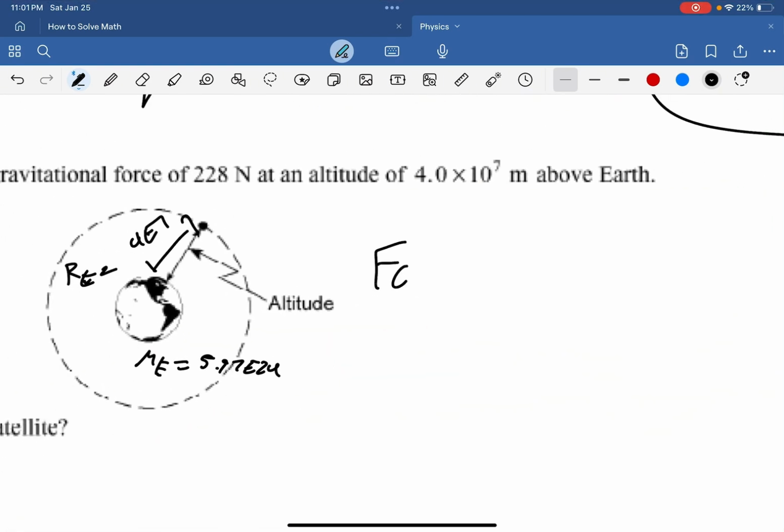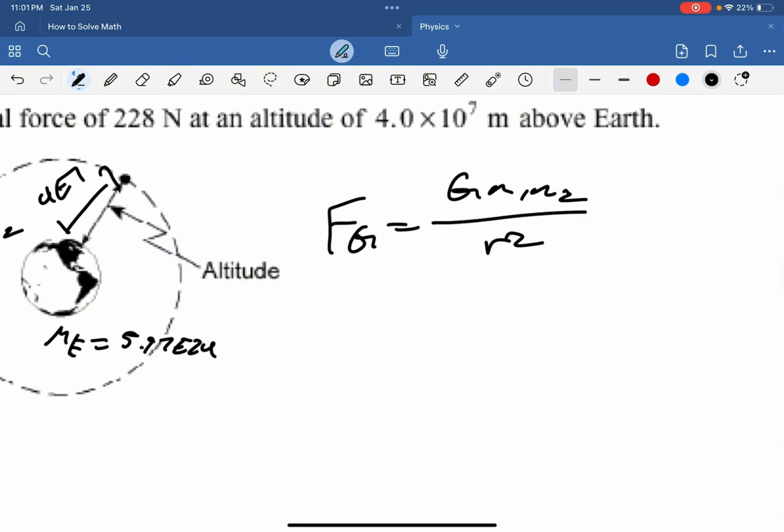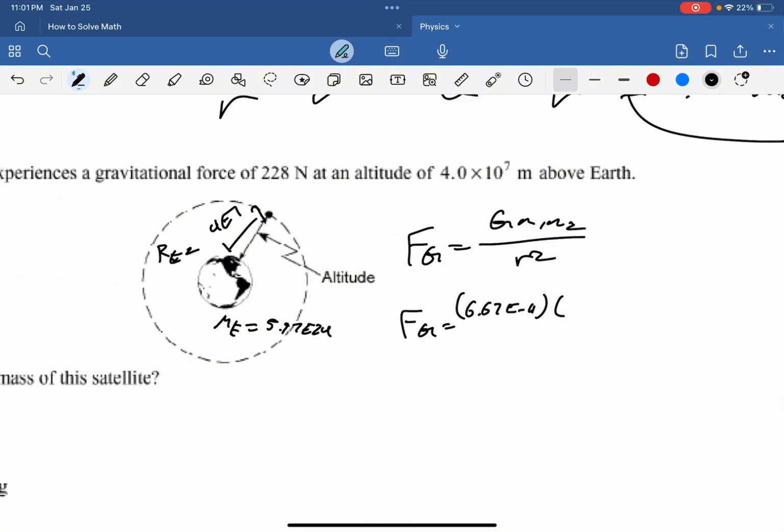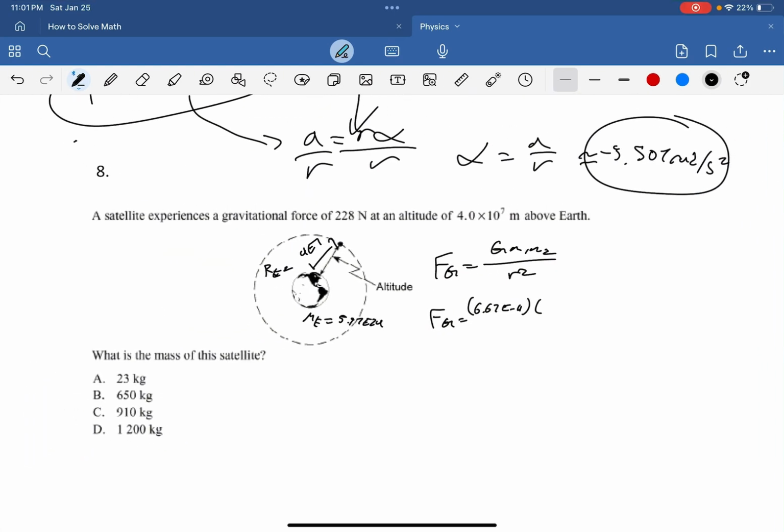And we know that F of G is equal to G times M1 M2 over R squared. So F of G is equal to 6.67 e to the times M1 M2.